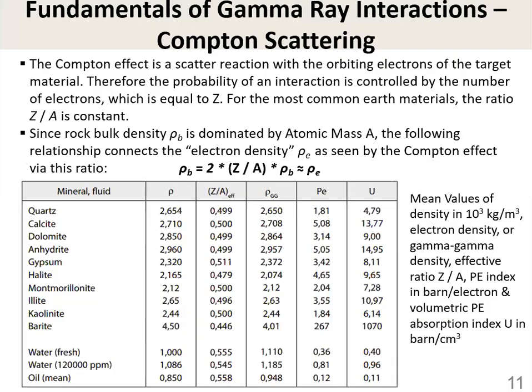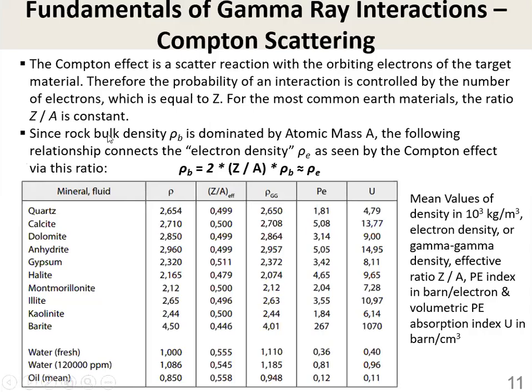As for Compton scattering, it is more related to the bulk density of the material. As I said, the Compton effect is a scatter reaction with the orbiting electrons of the target material. Therefore, the probability of interaction is controlled by the number of electrons, which is equal to Z. For most common materials, there is a constant atomic number to atomic mass ratio.